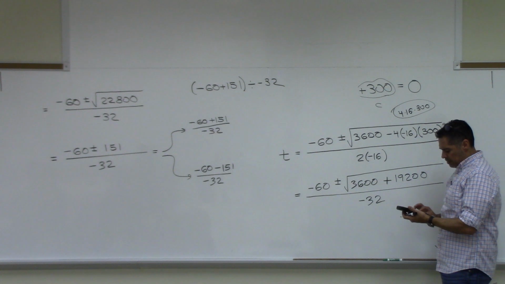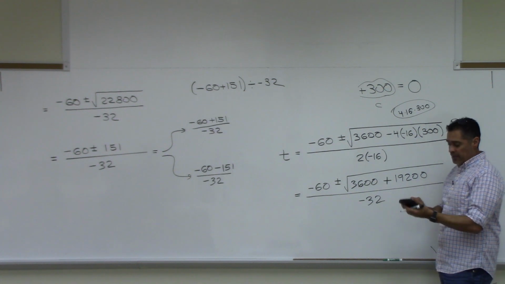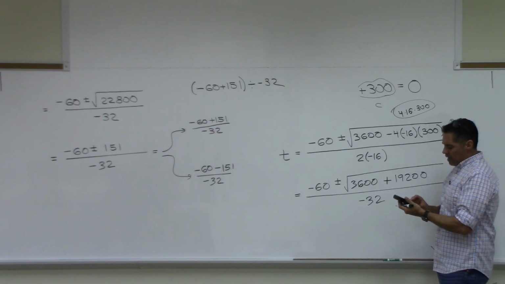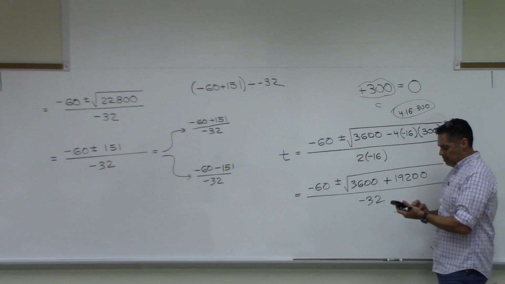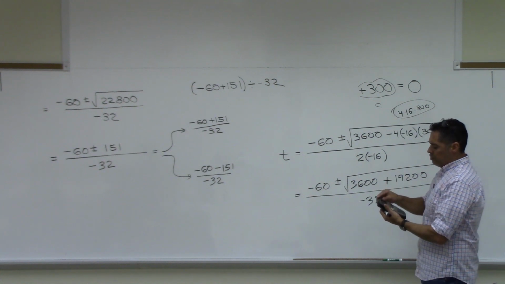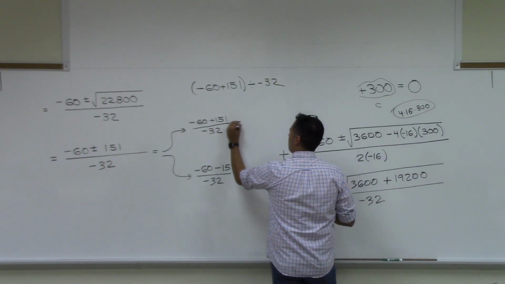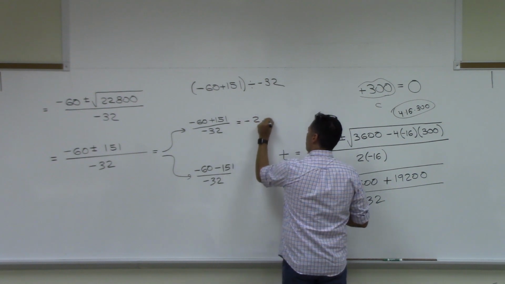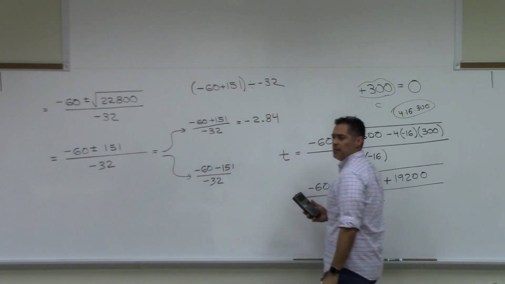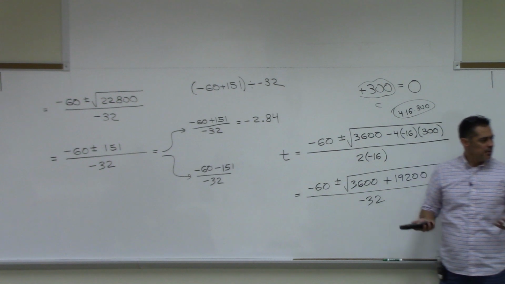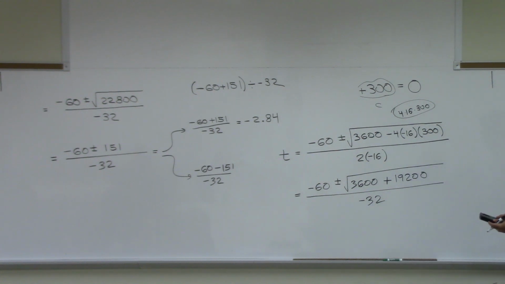Either way, let's see what we get here. Negative 60 plus 151. Enter to get an answer. Divide that by negative 32. I get negative 2.84. I already know I'm going to throw this answer away because it's a negative time. Okay? The other answer, negative 60 minus 151, hit enter.